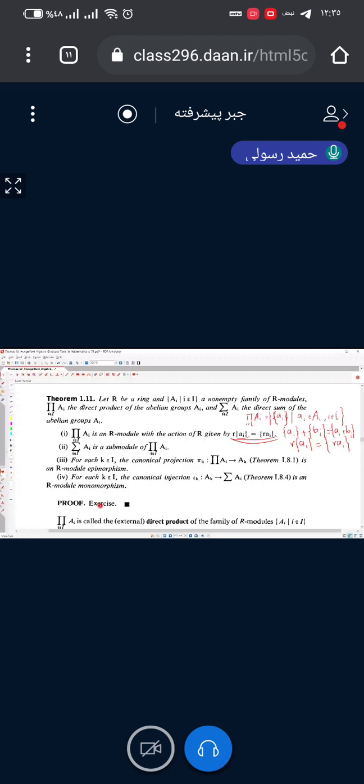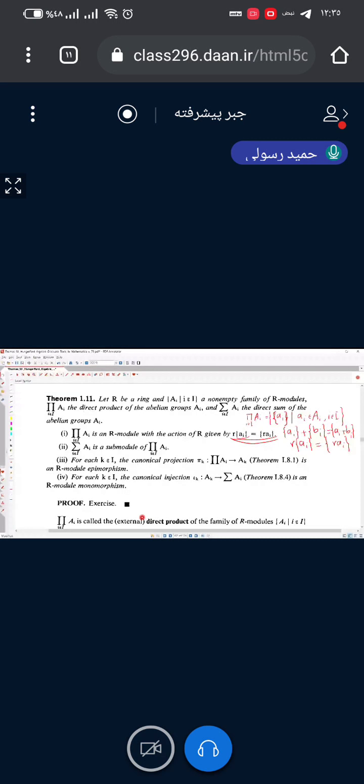This theorem in fact deals with product, but in this theorem some details are introduced, and about product and co-product we will see them in the next results.